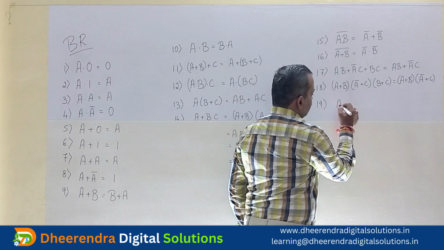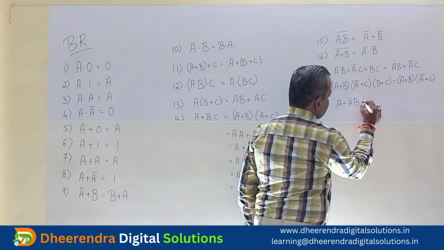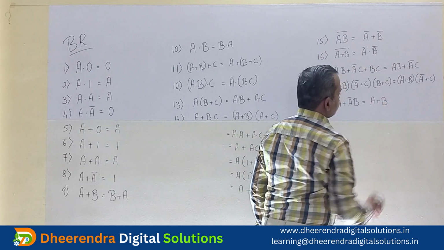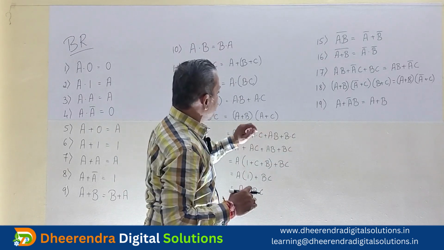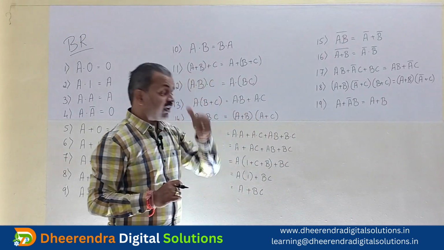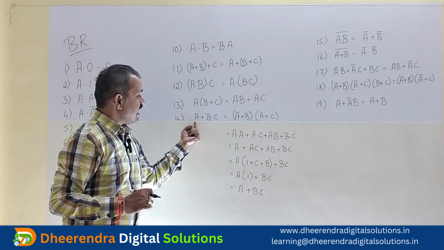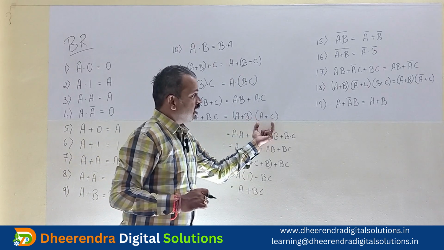Now, A plus A bar B is equal to A plus B. Now, what do we mean by this? You can just look at your distributive property. Here, what is it that we have said? A plus BC is equal to A plus B into A plus C.